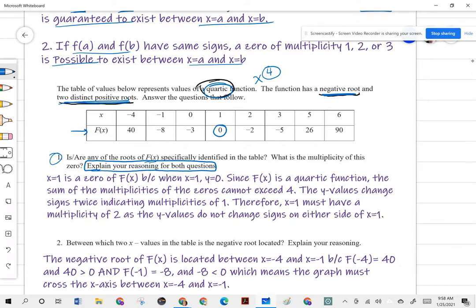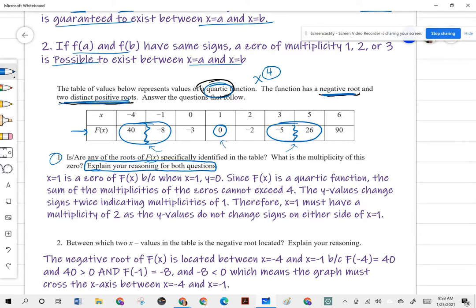Okay. Since f of x is a quartic function, the sum of the multiplicities of the zeros cannot exceed 4. The y values change signs twice. Look at that. They change here, and they also change here. So that's going to be a 0 here and a 0 here. That's 2 zeros.